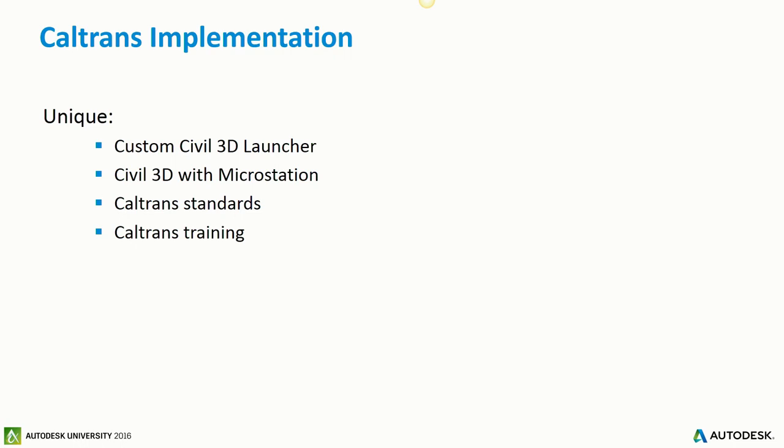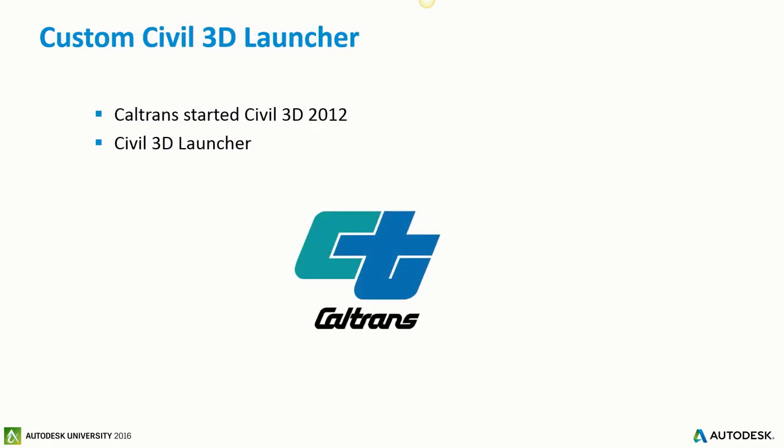So they don't just launch Civil 3D from the desktop icon that you have. They have a custom Civil 3D launcher. There is a purpose for that. There's a lot of customization that goes behind the scenes, and that's why that happened. Another thing unique about Civil 3D, and I'll go through this, is that Caltrans worked and implemented Civil 3D 2012.